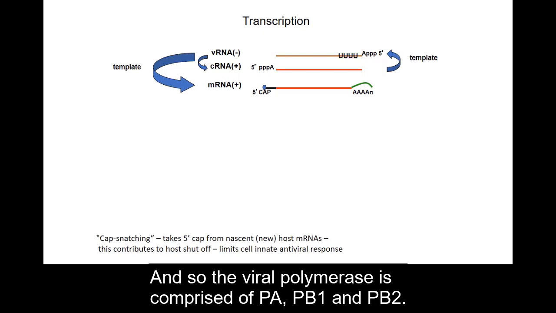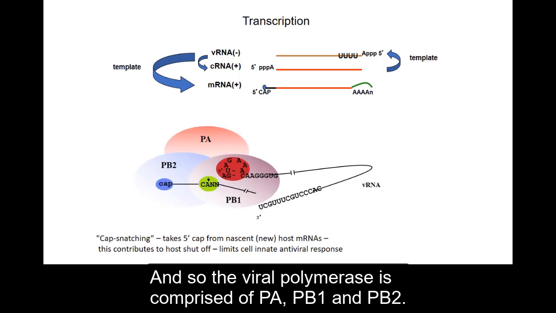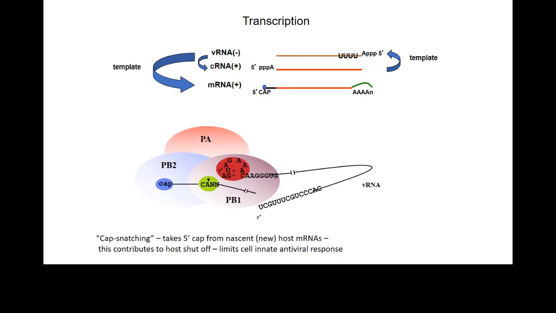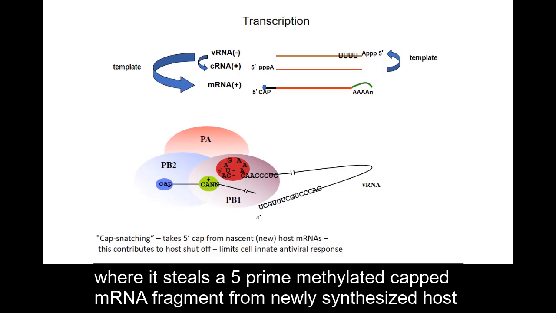And so the viral polymerase is comprised of PA, PB1, and PB2, and it uses a mechanism called cap snatching, where it steals a 5' methylated capped mRNA fragment from newly synthesized host mRNAs.